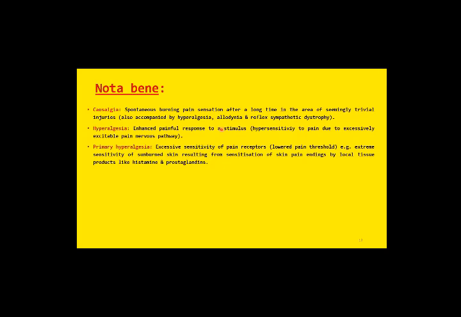Why? Because the threshold has been lowered. For example, the sunburned skin area becomes extremely sensitive to pain. Why? Because there is release of histamine and prostaglandins which stimulate the pain endings.